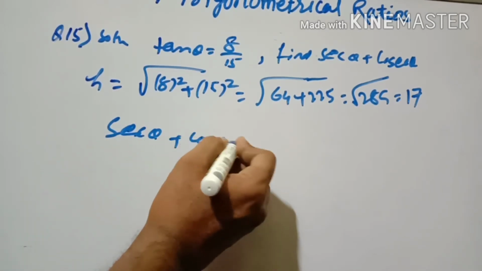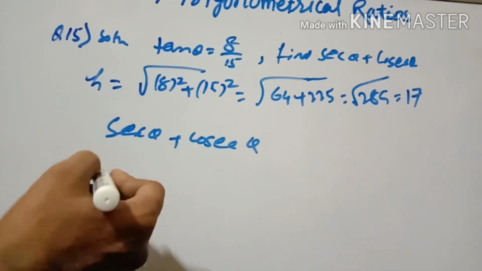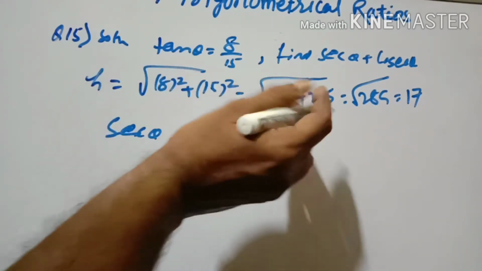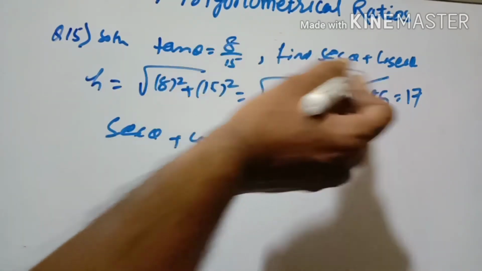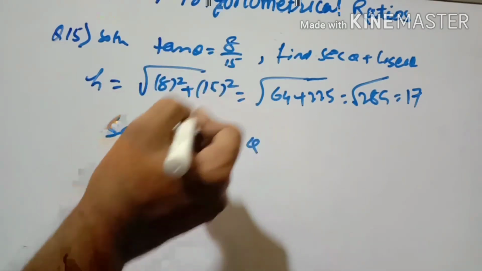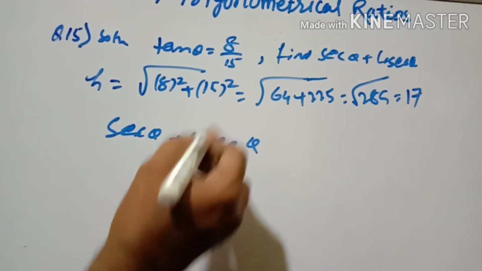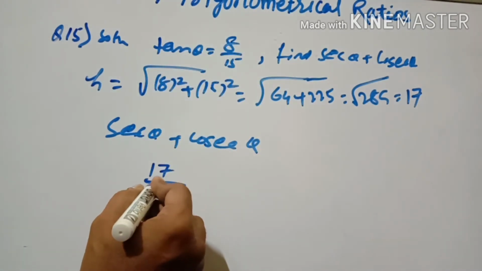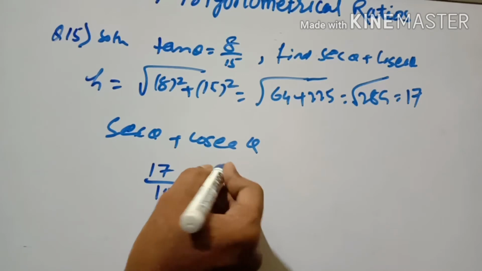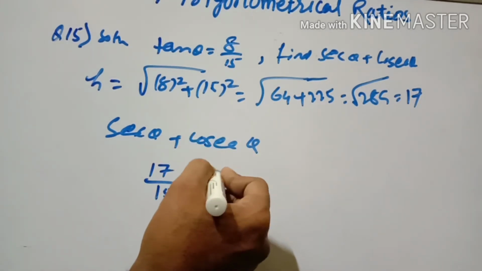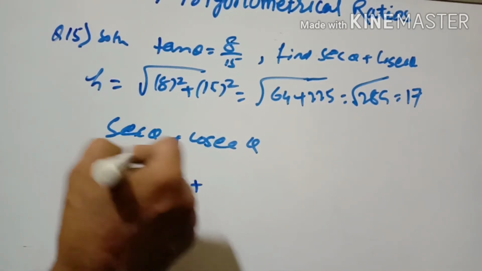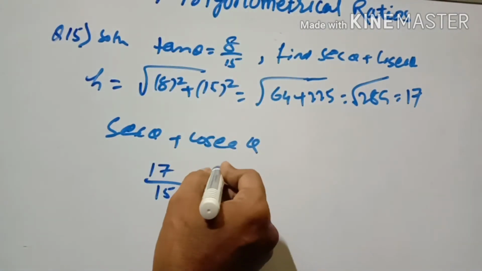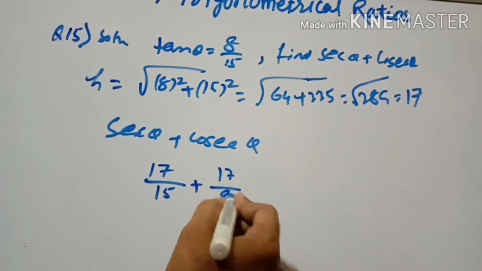Okay, now sec theta plus cosec theta. Sec is the reciprocal of cos. This is your P, this is B, this is your H, means H by B, means 17 by 15, plus cosec, the reciprocal of sine, means H by P, 17 by 8.